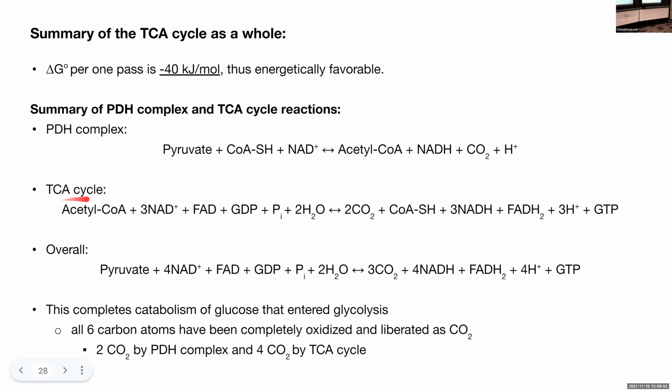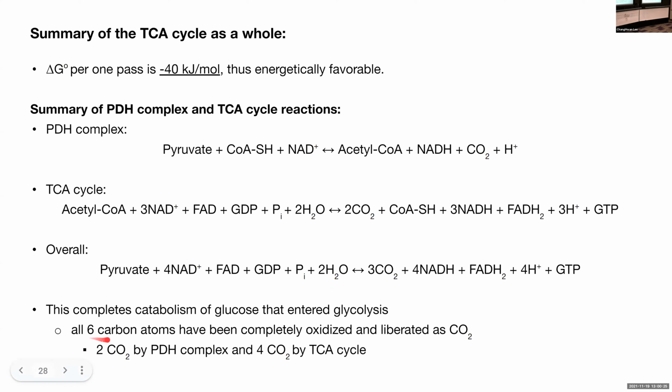And here's the TCA cycle reaction that we just talked about. The overall reaction is here, where it generates not only carbon dioxide, but also 4 molecules of NADH, FADH2, and the GTP. All of them are basically sources of energy, and that completes the metabolism of glucose, making it into the single carbon molecule here.